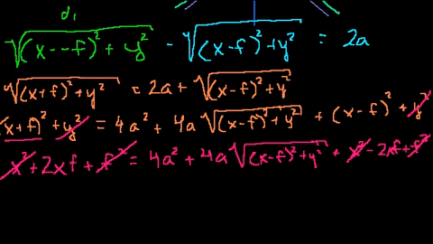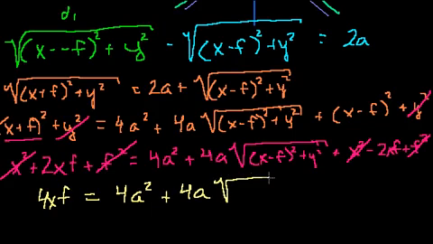If you add 2xf to both sides of this equation, what do you get? You get 4xf. Remember, I just brought this term over. This left-hand side is equal to 4a squared plus 4a times the square root of (x minus f) squared plus y squared.